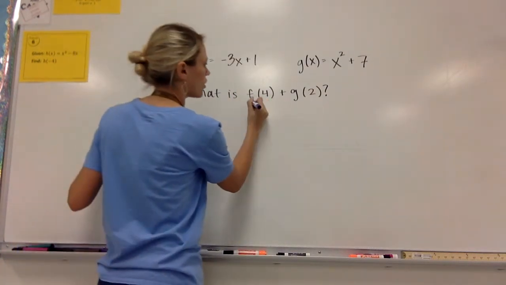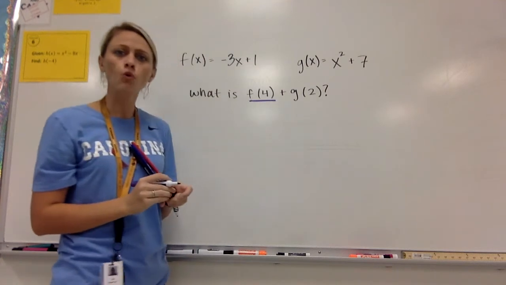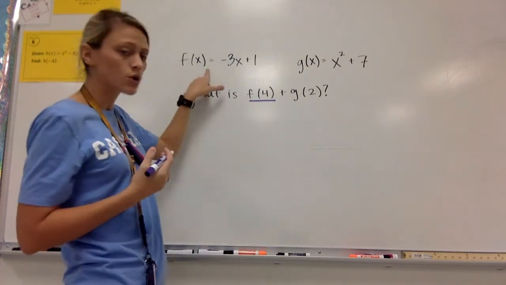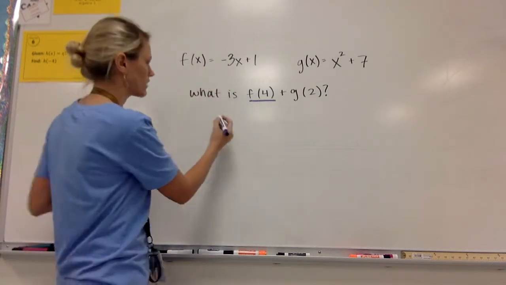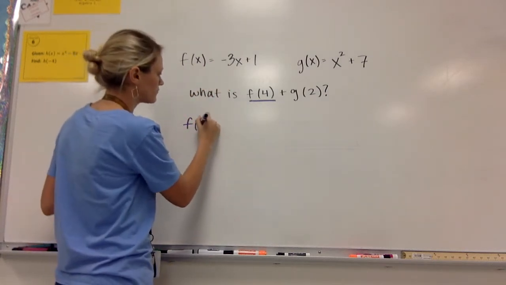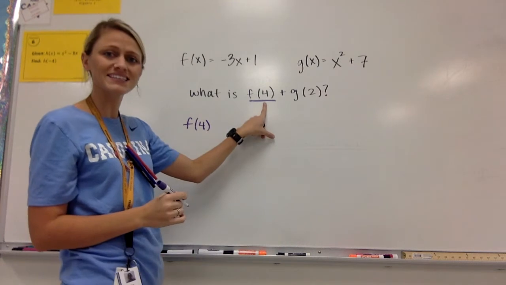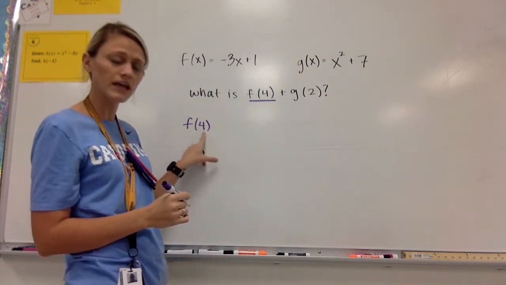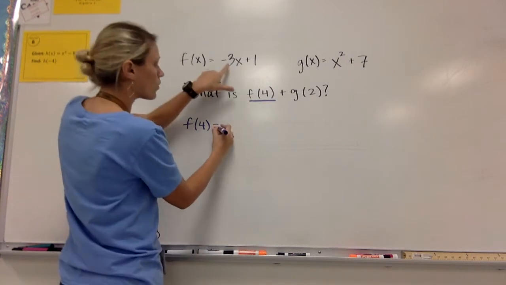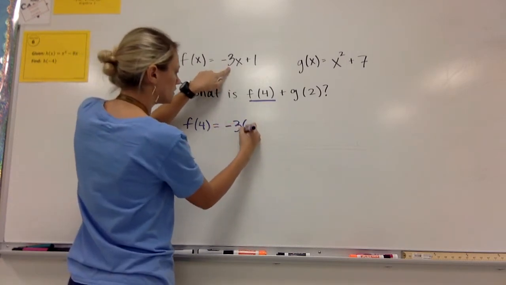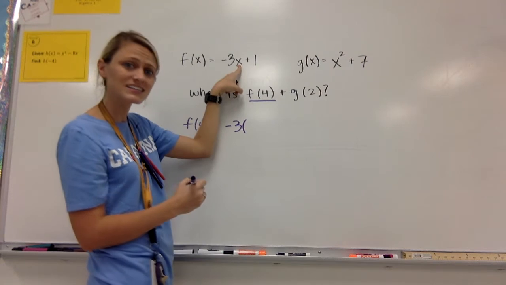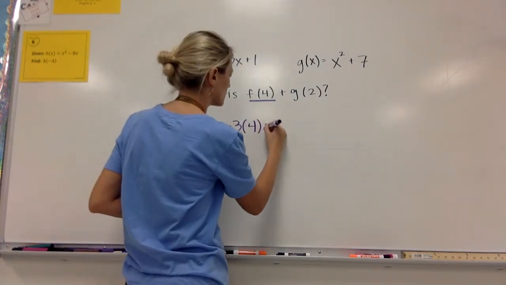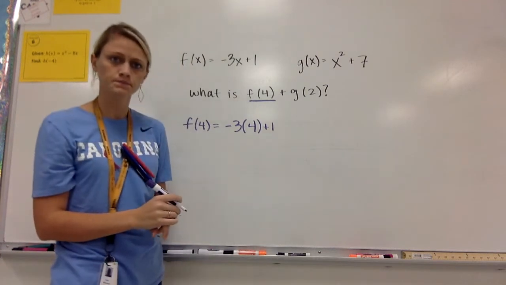So first of all, f of 4, right? We're using, obviously, the f function, so we're using our f of x, okay? But in this case, my input is 4, so my f function with an input of 4 is equal to negative 3 times x, which is 4, my input, plus 1, okay?